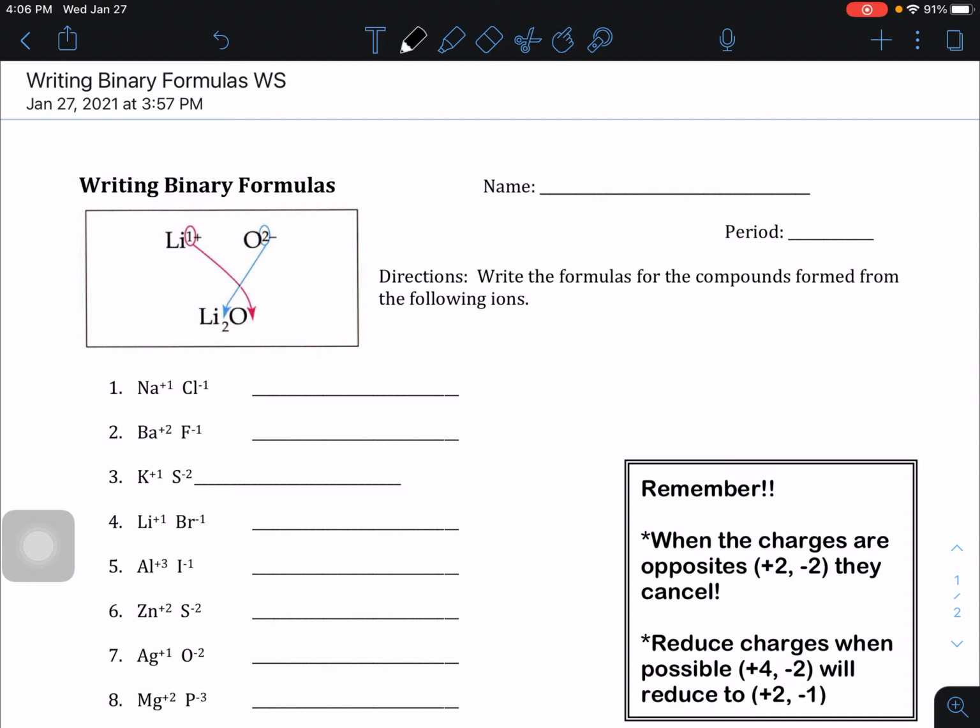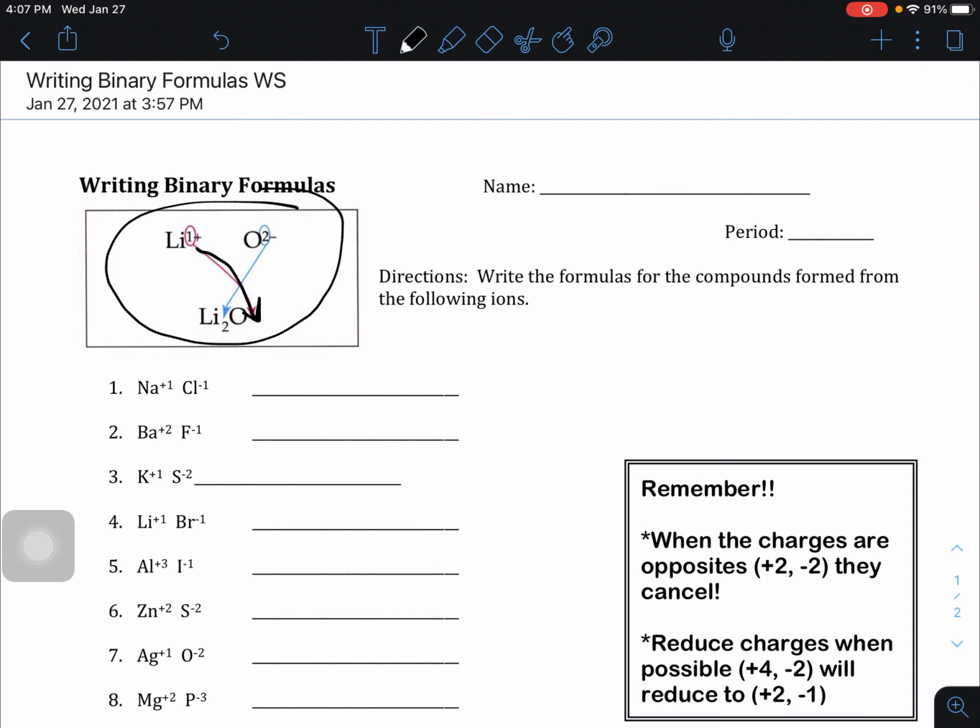In order to do this, you have the first example on the top here. Given lithium with a +1 charge combines with oxygen with a -2 charge. The crisscross method takes the number off of the charge. For lithium, 1 plus comes down as a subscript.